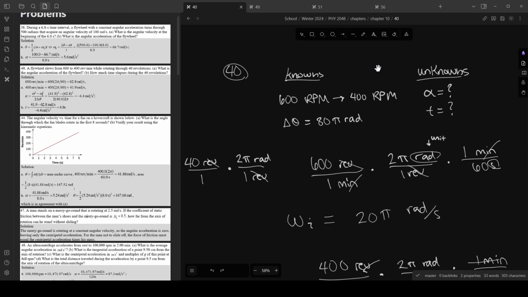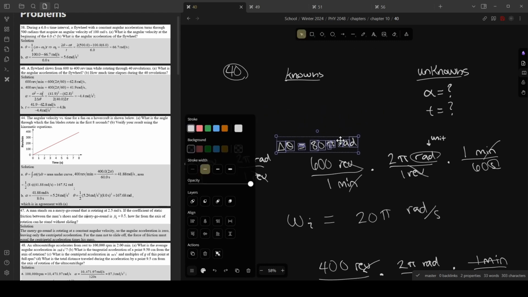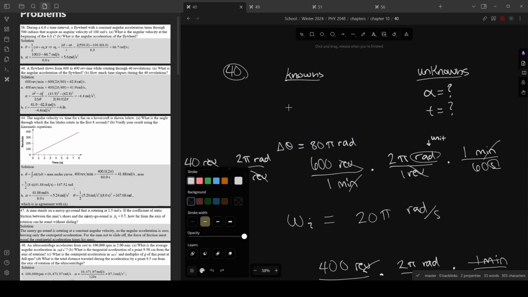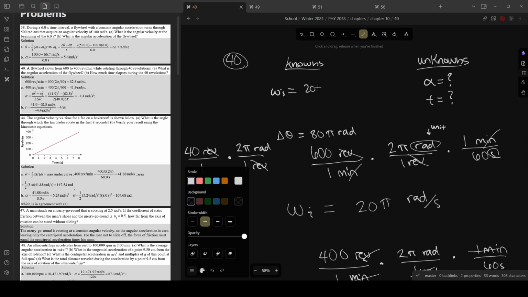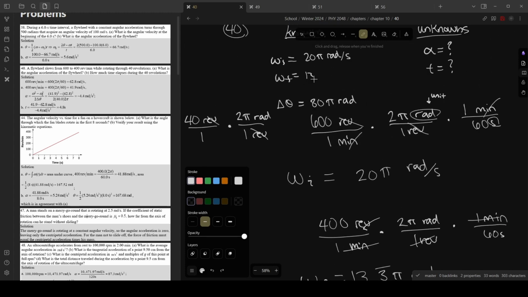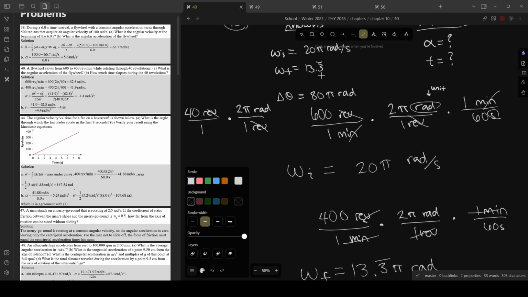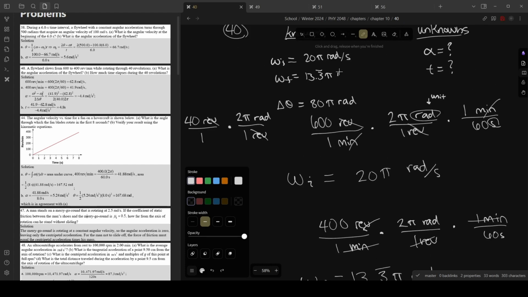So yeah, we can go ahead and do a little bit of cleanup here. So our omega initial is equal to 20 pi radians per second, and our omega final is equal to 13.3 repeating pi radians per second.